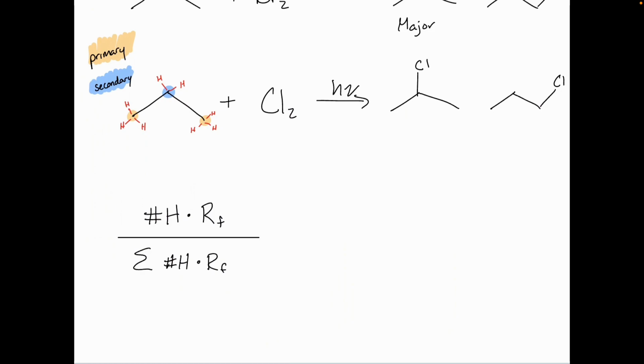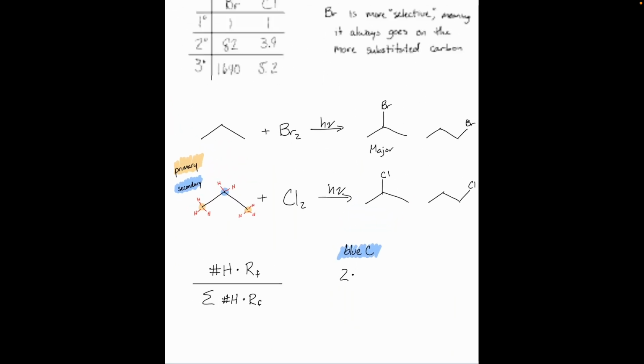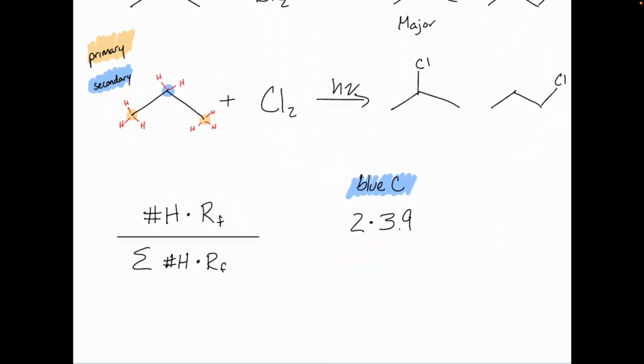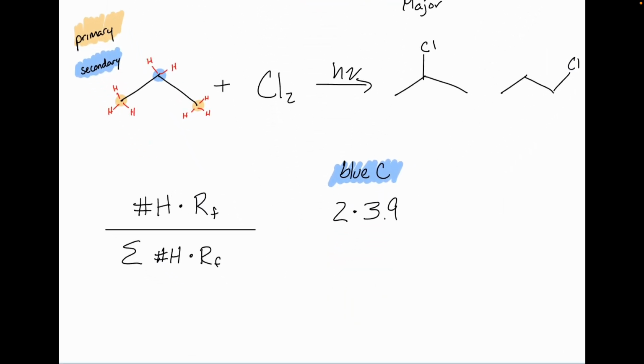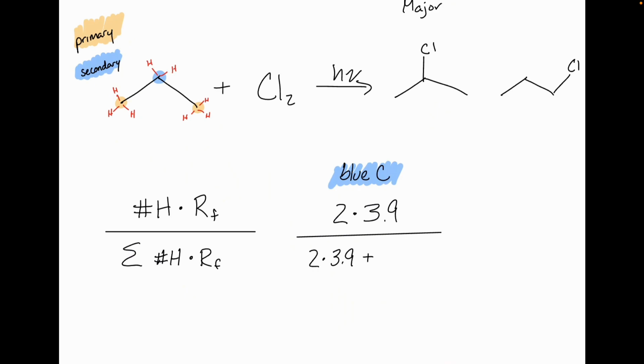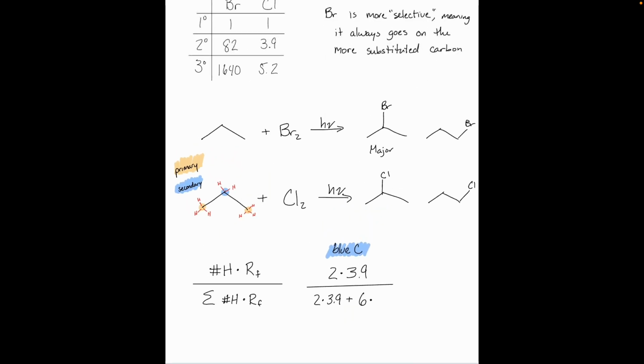If I were to do it on my blue carbon, I would take the number of hydrogens on that blue carbon, in this case 2, times the reactivity factor for a secondary carbon, which is 3.9. But then I need to sum it up for all of these carbons, right? So not only am I going to account for that secondary carbon, but also those 6 primary carbons, and the reactivity factor for a primary carbon is 1.